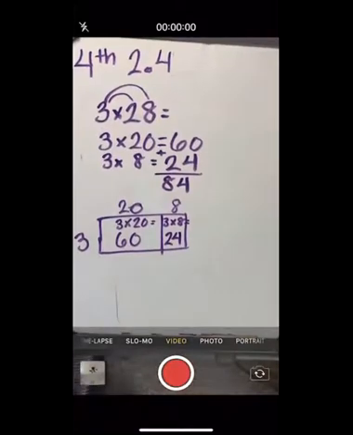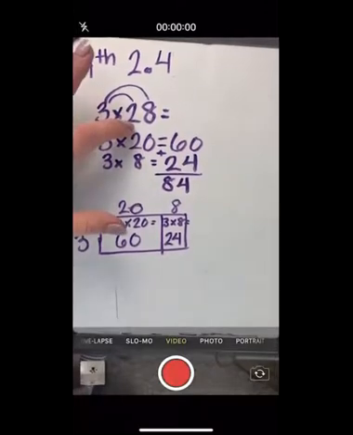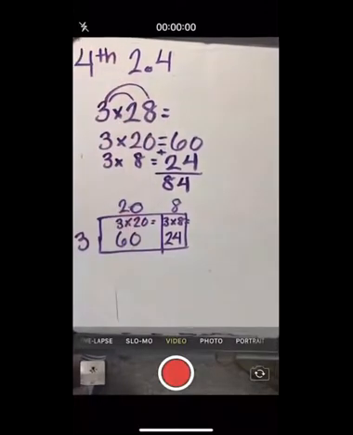I would add this to your notes today too, to see how we can break it up right here and do our partial products, and we can do our area model. It's funny because you would think partial products and area model sound like 2 different strategies, but in both of these, you're splitting it up into your values of your 10s and your value of your 1s, and then you're adding it back together to find your total.